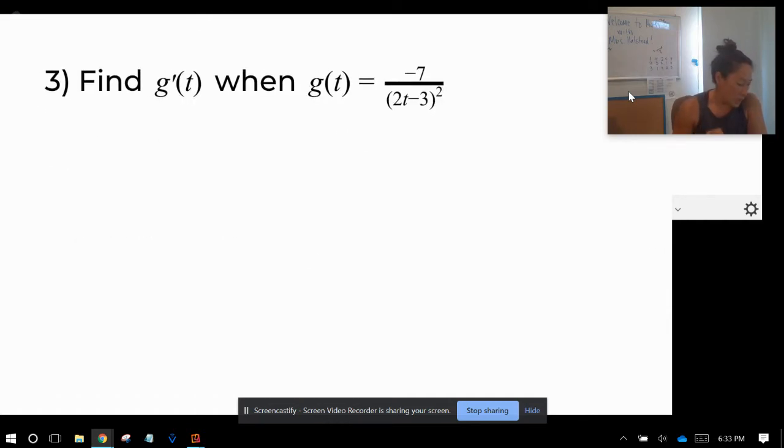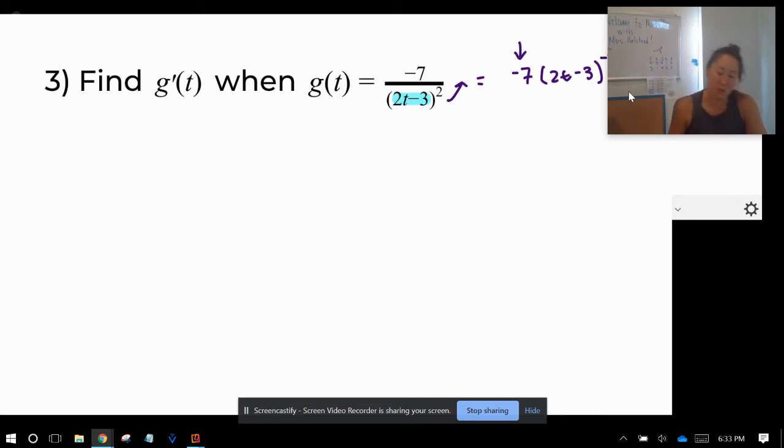So what's going on here? Well, I can see in the bottom that inside of the squared is this 2t minus 3. So I'm going to change this so I don't have to do the quotient rule, to have my denominator in the numerator. So negative 7 times (2t minus 3) raised to the negative 2.